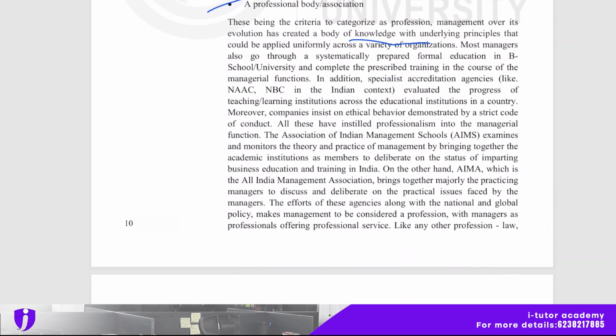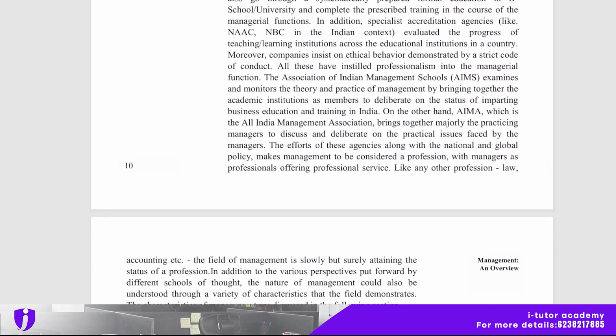In addition, specialist accreditation agencies like NAAC and NBA in the Indian context evaluate the progress of teaching-learning institutions across the education institutions in a country. And moreover, companies insist on ethical behavior demonstrated by a strict code of conduct. All these have instilled professionalism into the managerial function.